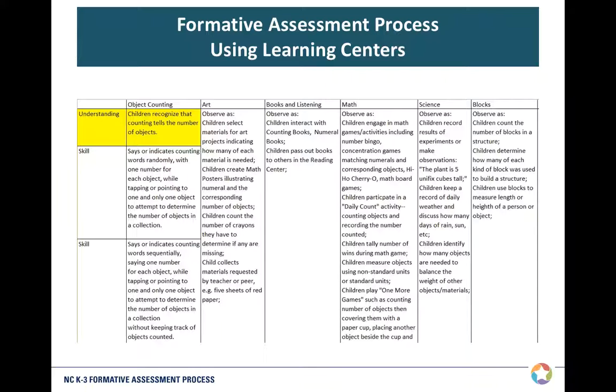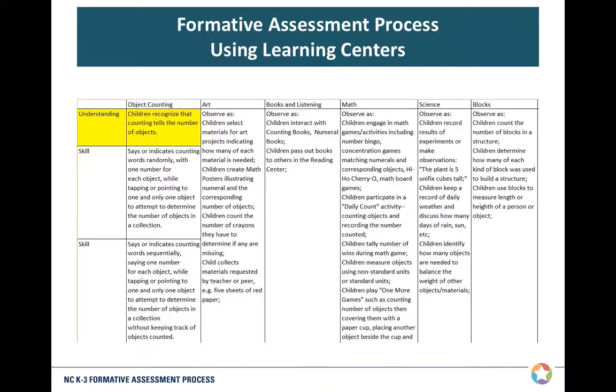The first columns of each construct worksheet lists the understandings and skills related to that construct. Understandings will be highlighted in yellow, and skills related to that understanding follow below. The top row lists centers that are in the classroom, and you will see additional ones when you go to the resource. Under each of the centers are examples of what you might see children doing in those centers.